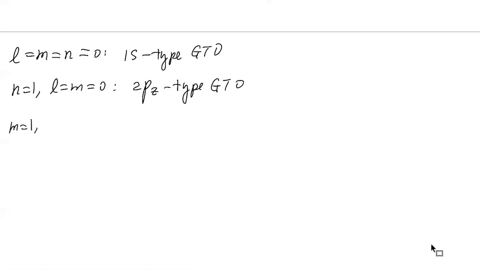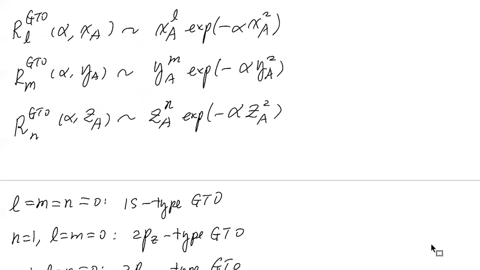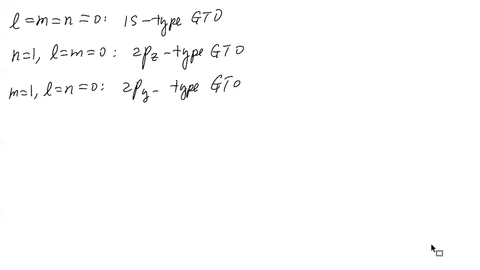M is equal to 1, L is equal to N is equal to 0. This is called 2PY type of the GTO. It has nothing to do with the exact solution and the exact quantum number. Here, N, L, M are just three indices, or you can say three parameters to specify the type of GTO. You just call this 1s, 2px, 2py, that's it, okay? This is called 2px type.